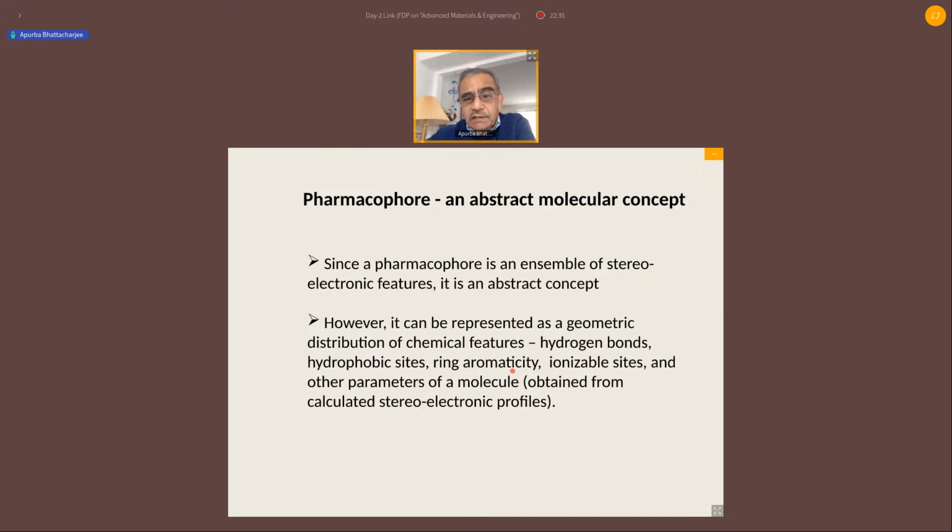The ionizable sites also at certain times can function as a very weak interaction, but many a time they can function also as very strong electrostatic bonds. Anyway, we can put certain figures like hydrogen bond acceptors and hydrogen bond donors, hydrophobic sites with different colors in the molecule, and use that as a template. This is the statistical approach where the databases can quickly recognize these features and down select the compounds.